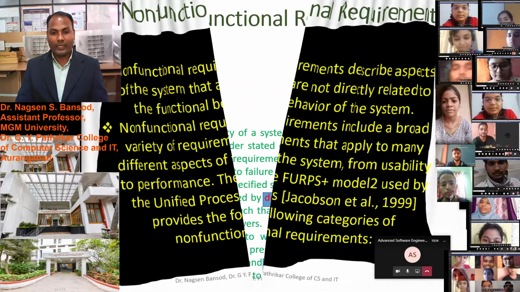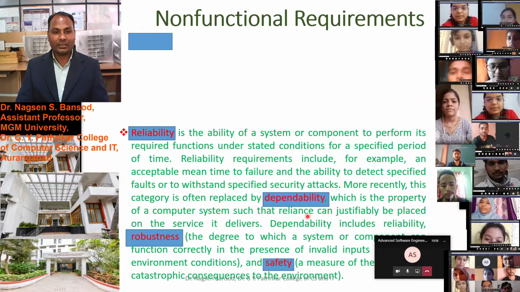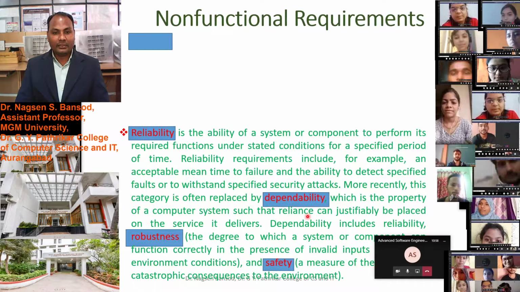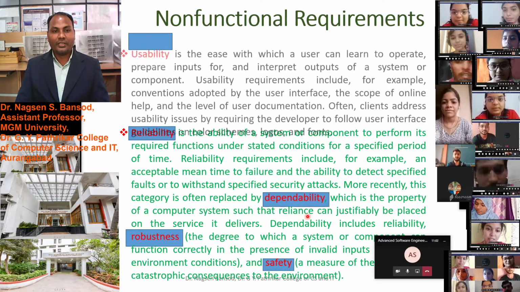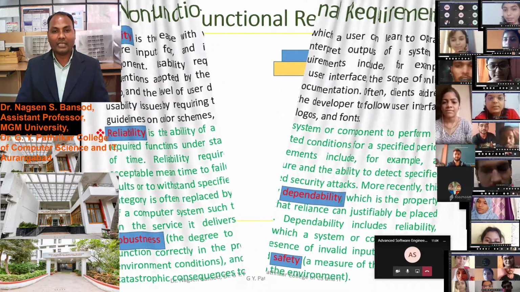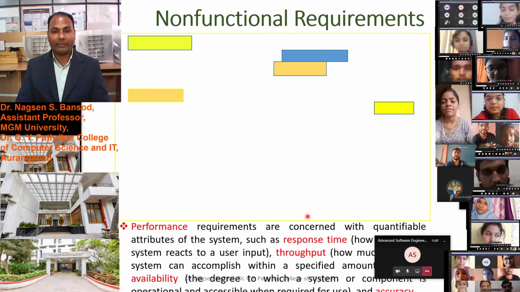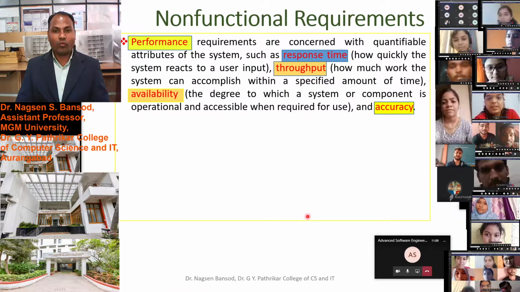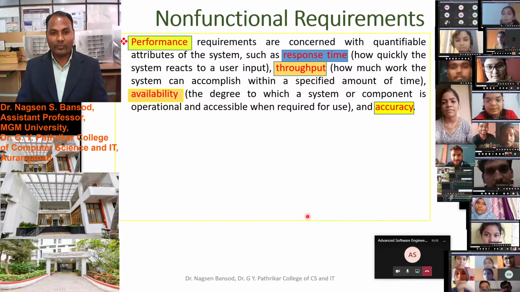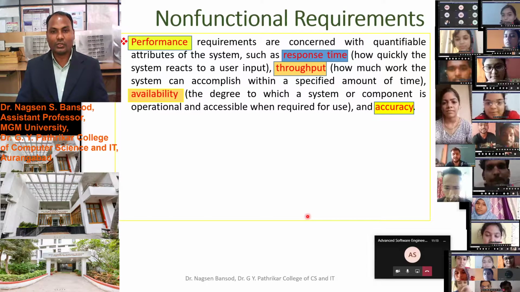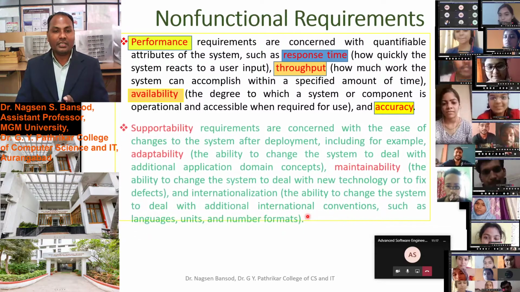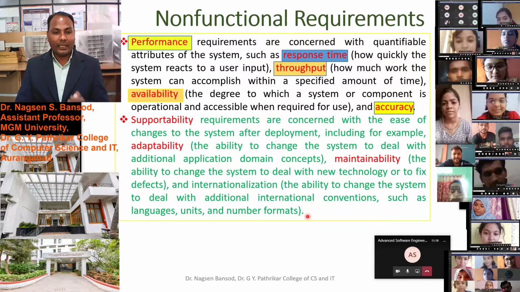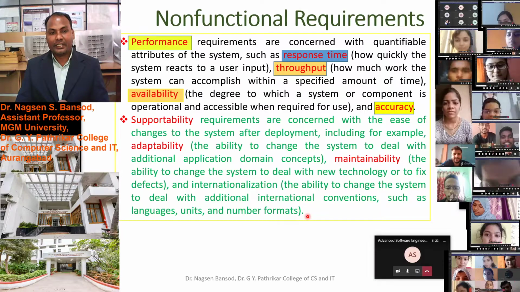We know the FURPS model. You see here reliability, dependability, robustness, safety, and usability are non-functional requirements, as well as performance, response time, throughput, availability, accuracy, supportability, adaptability and maintainability.